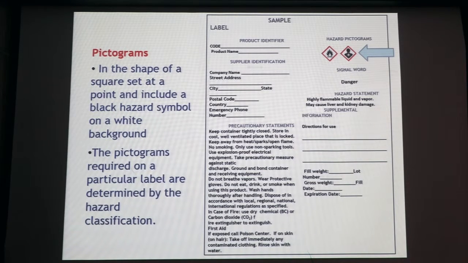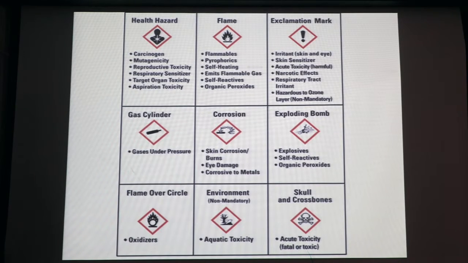Pictograms. So the next slide shows all of the pictograms, and I'm going to go to that one. Pictograms include health hazard, flame for flammable, exclamation mark, which has a lot of the more minor health things on there.